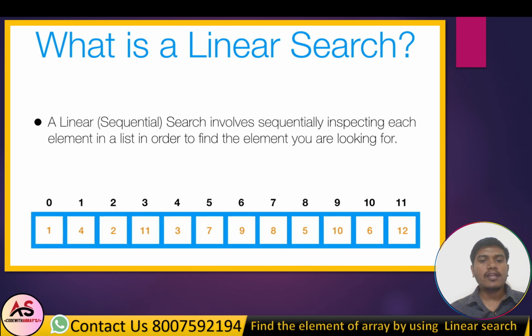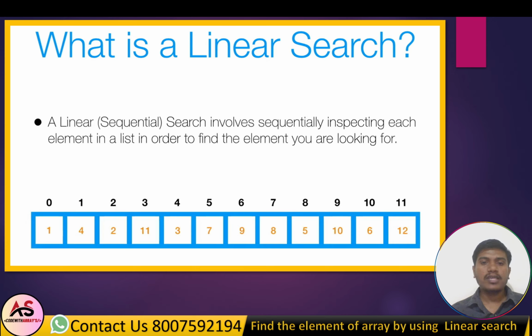It means you inspect each and every element in the array and compare it with the target. If the element is found, you simply return the index. If the element is not found, you traverse the whole array, and if it is not found in the whole array, you simply return -1.